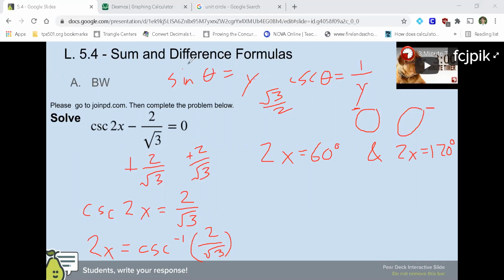And so in general, you would write 2x equals 60 plus 360n, and 2x equals 120 plus 360n.